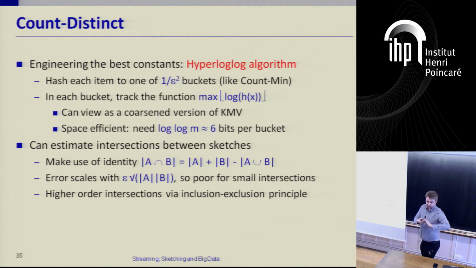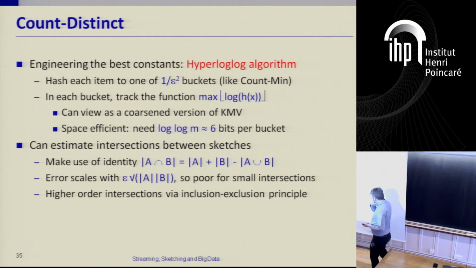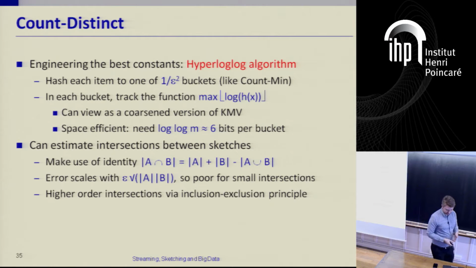Estimating the size of unions is fairly straightforward using these, either in this version or in the k-minimum value version, because you've got all the information you need to say what my sketch would look like if I had seen the concatenation of these 2 streams. But your error scales proportionally to the square root of the product of the sizes of these 2 cardinalities. So when the intersection is small, it gets lost in the noise, and you can't hope for anything better than that.